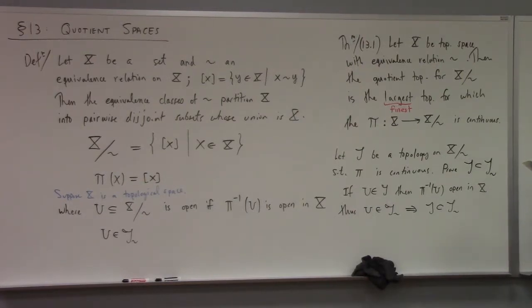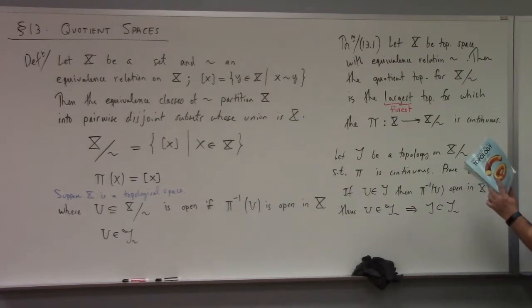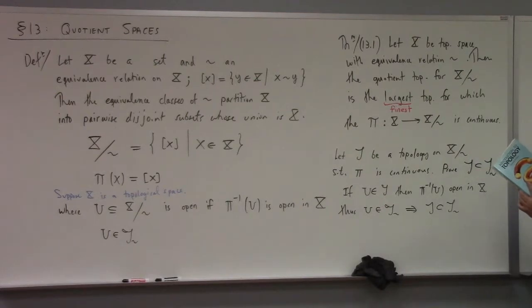A function f from X mod tilde to a topological space Y is continuous if and only if f composed with pi is continuous.